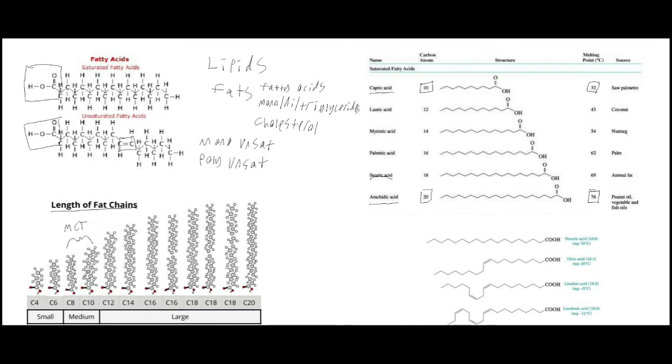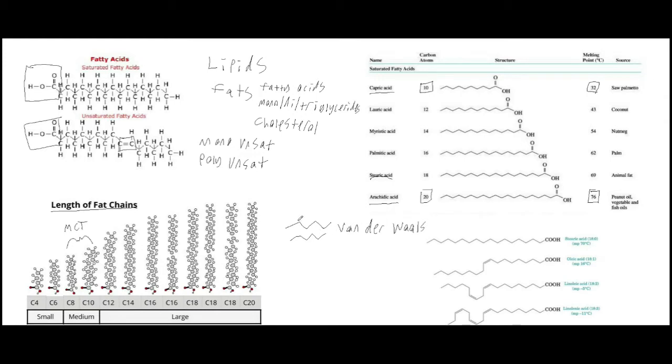So the melting temperature increases as chain length increases. And that's because, as I talked about in the general chemistry preliminaries, when you have longer and longer chains, you start getting those van der Waals forces.